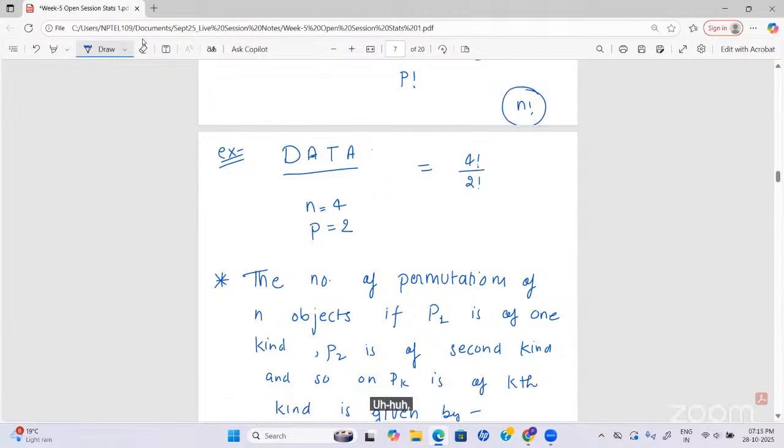First of all, you have four letters. Just see the number of items here. Don't think of it as repeating itself. First of all, you have four things which you have to arrange, so that can be done in 4 factorial ways. So in the numerator, we will take that concept.